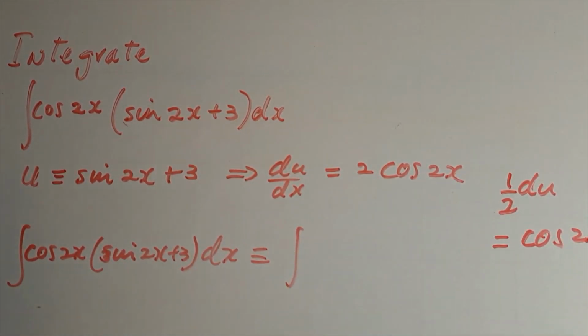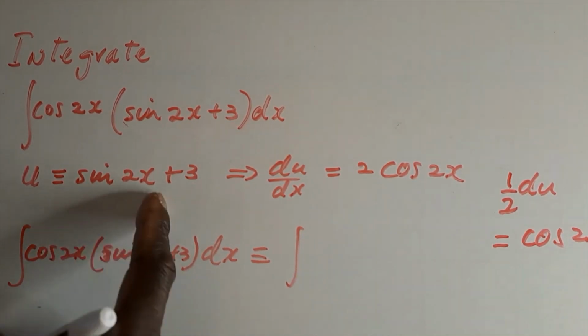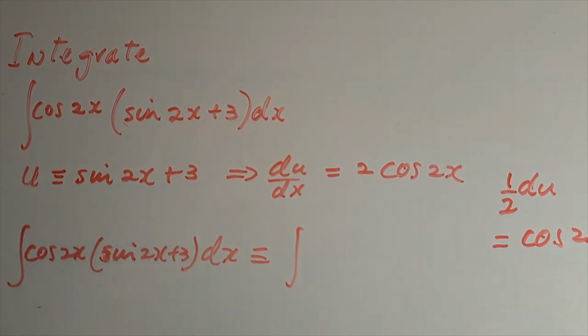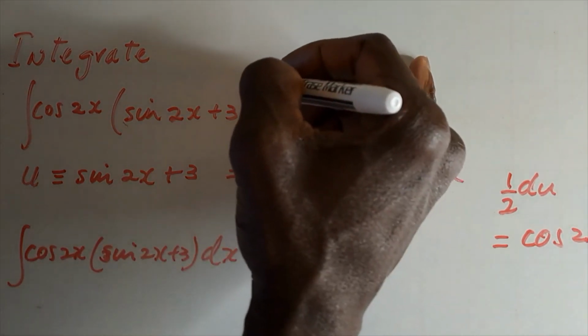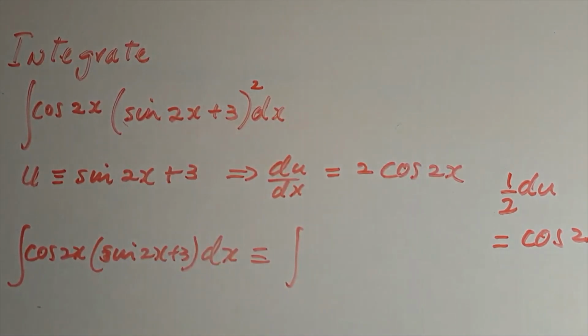And so for cosine 2x dx, it's half du, and sine 2x add 3 is u. Oh, I omitted something. That's squared, so it's squared.